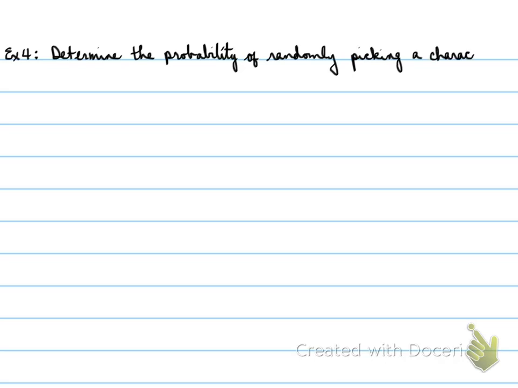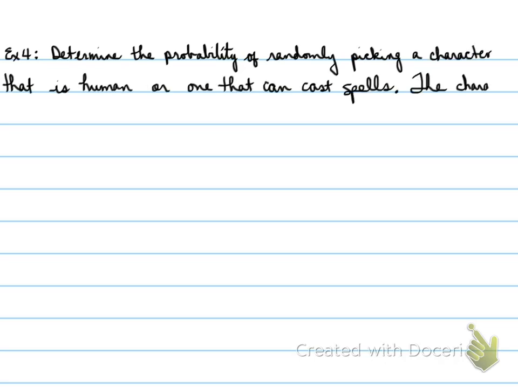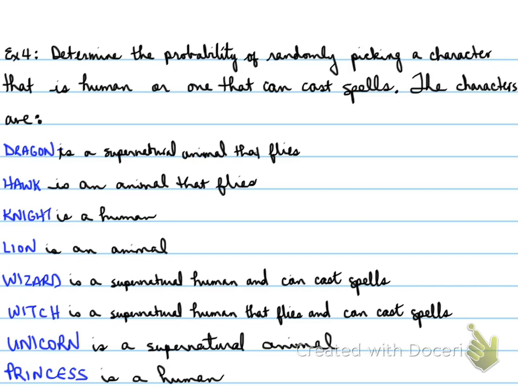Moving forwards. Example number 4. Determine the probability of randomly picking a character that is human or one that can cast spells. Let's go look at all these characters. Here they are: dragon, hawk, knight, lion, wizard, witch, unicorn, princess. And we need to go through these.